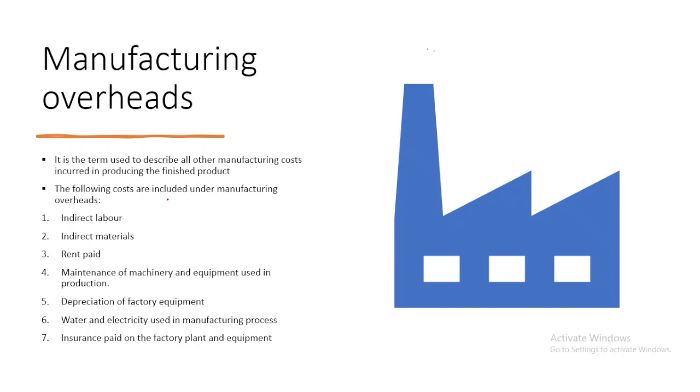So here it says these are the following costs that could be included under manufacturing overhead. We've got indirect labor. Indirect labor is someone who comes, sets the machines and then leaves. Then indirect material: materials that are used after the product is already complete, things such as furnishing the product and the cost of painting.